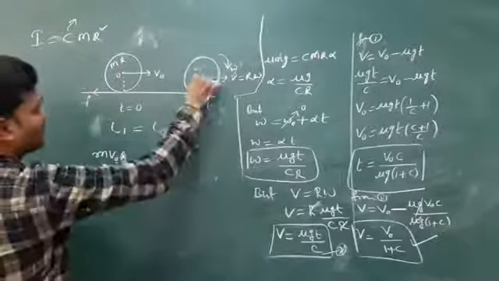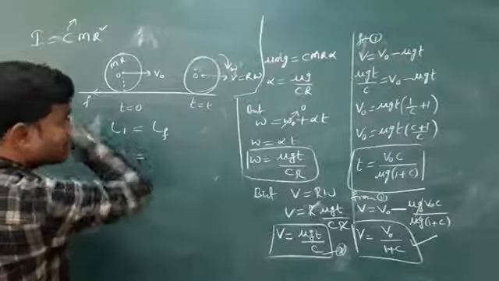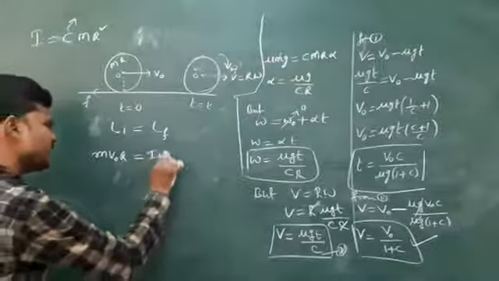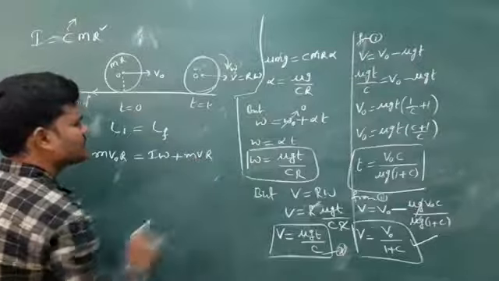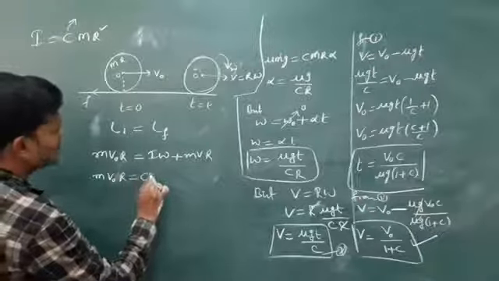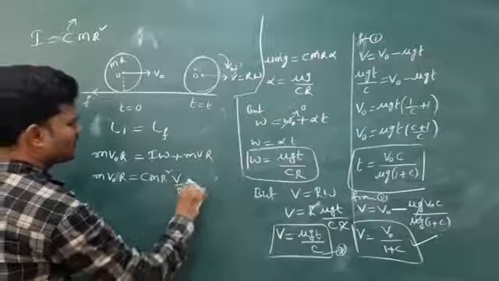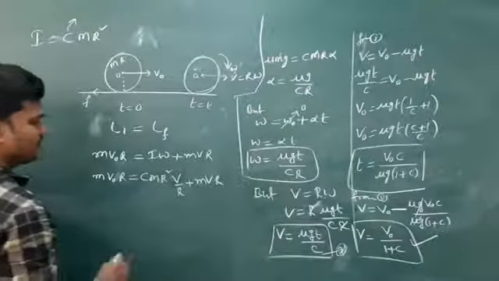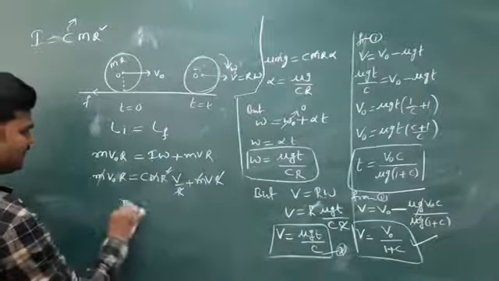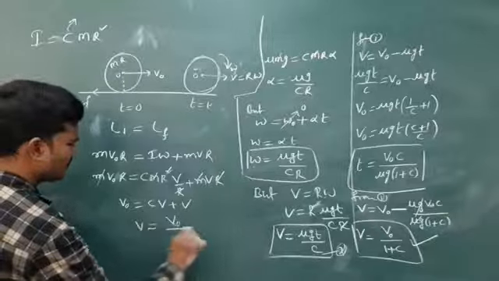Final momentum: it is rotating and translating, so due to rotation Iω, due to translation mvr. So m v naught r = Iω + mvr, where I is, according to the given question, c m r squared. Omega for pure rolling is v by r. So one r gets cancelled, one r gets cancelled, masses are cancelled, v naught is equal to cv plus v, so v is equal to v naught by (1+c).